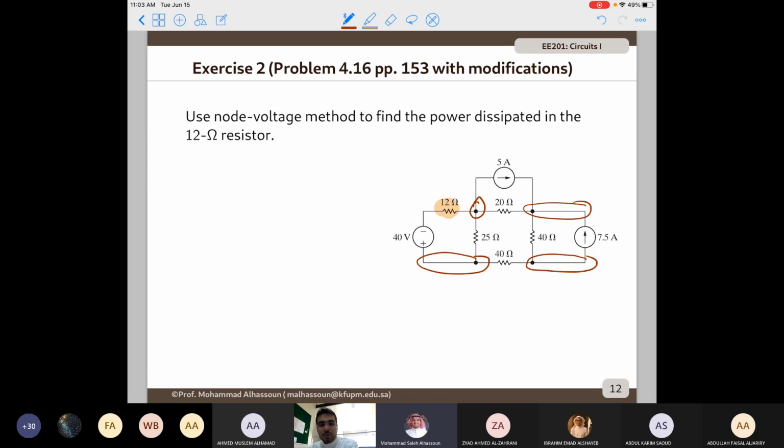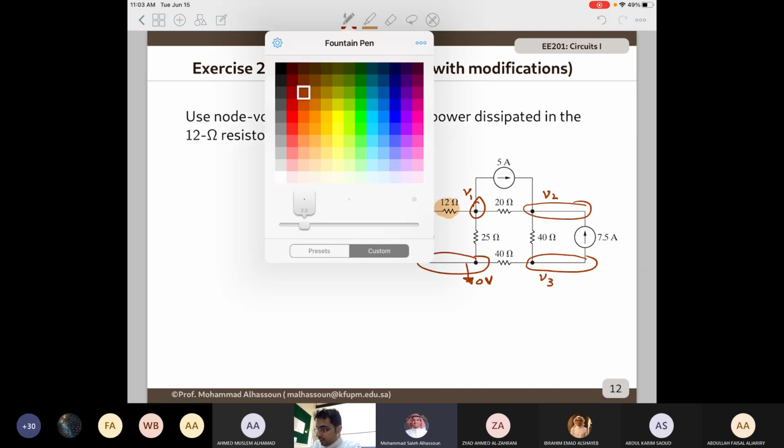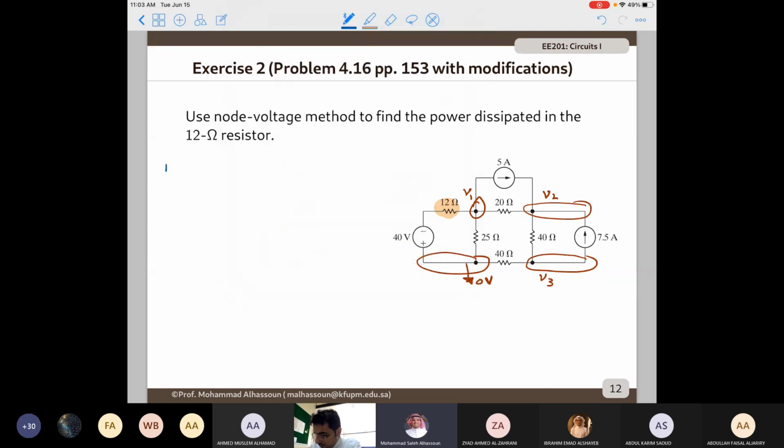In this case, all of them could be good candidates for being the reference point. So I will choose this one. I will write the others as V1, V2, V3. So the number of essential nodes is 4, which means that I have 3 equations.